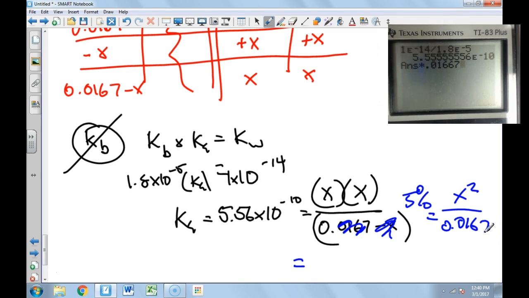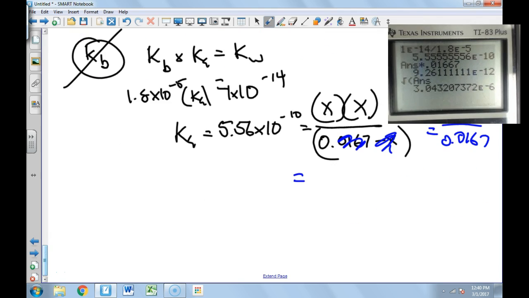It was 0.016 repeating, so it's okay how many sixes I put in there. Now we take the square root of that answer, and so now we get 3.04 times 10 to the minus 6, which is equal to x, which also equals the hydroxide ion concentration.